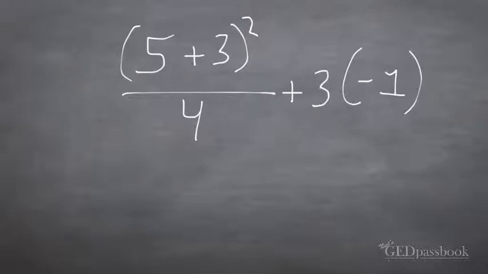Don't immediately say, oh, but I know this means multiplication, so let me just quickly multiply that. No, always follow the order of operations, because you never know what might go wrong if you jump ahead. What I know for a fact is that in the parentheses right here, there's a little addition problem to do. So do it, because you have to do that first, since it's inside parentheses. 5 plus 3 is what? 8.